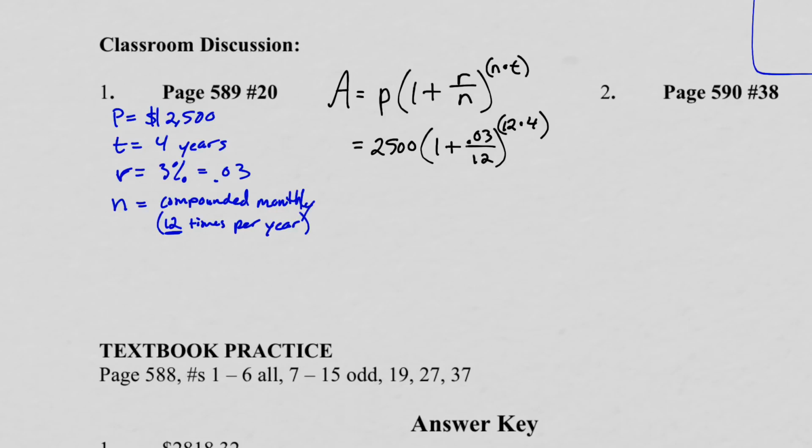Okay, so I highly recommend that you don't type all this all at once in your calculator. You can, but I recommend you simplify a little bit. So I would type in this part in your calculator.